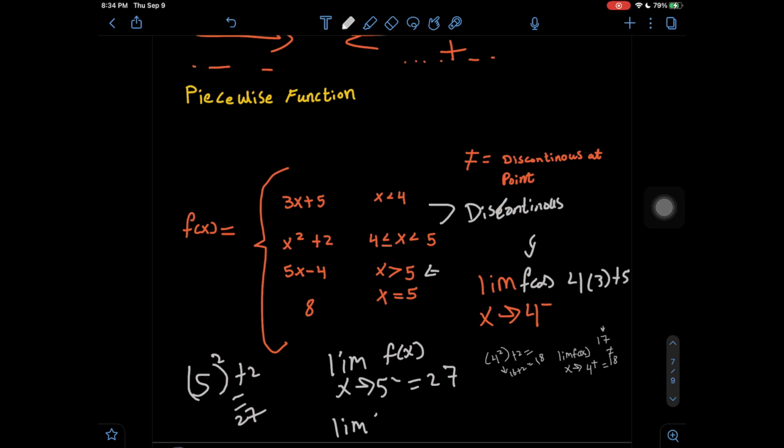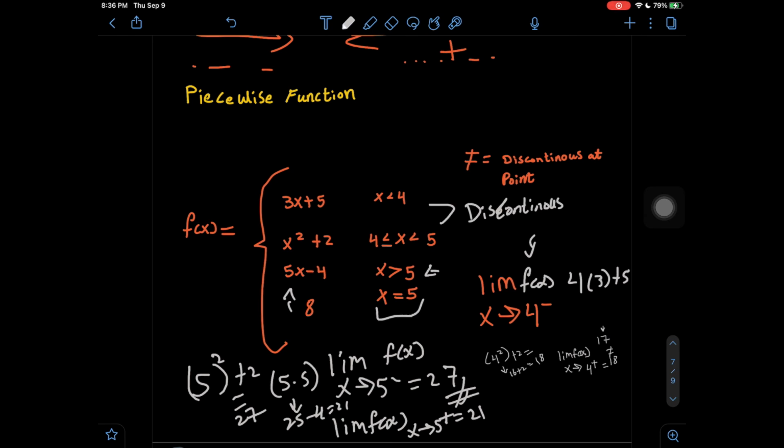So we have the limit of f of x as x approaches 5 from the right. So we're going to substitute that into this equation right here. So we have 5 times 5, which is 25. 25 minus 4 is 21. 21 is not equal to 27. So we still have a discontinuity of some sort.